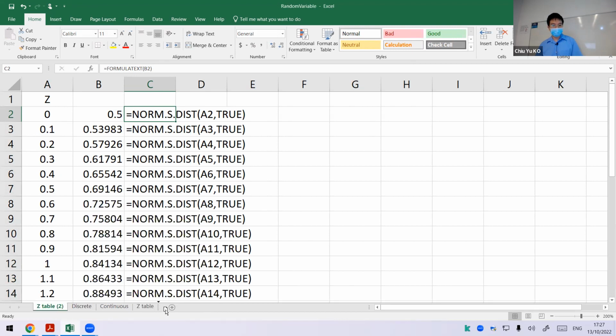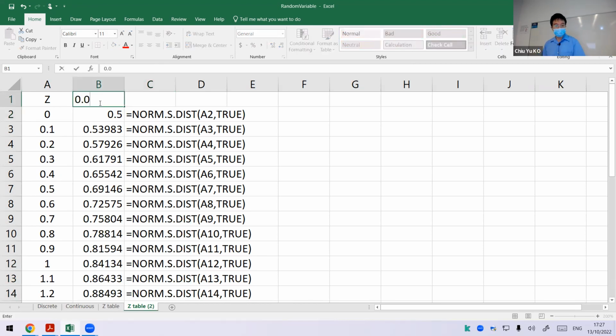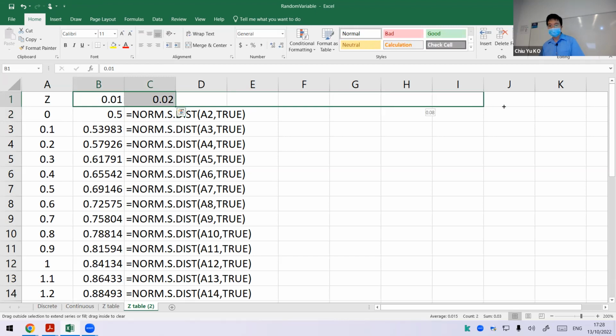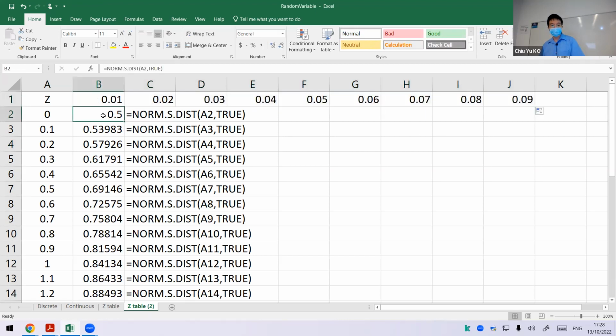Okay, so let me copy this, table 2. How you can do that is you have 0.01, okay, and say 0.02, and up to, I guess, 0.09, okay.